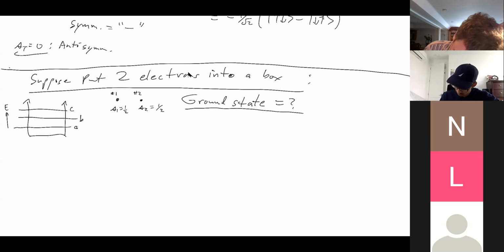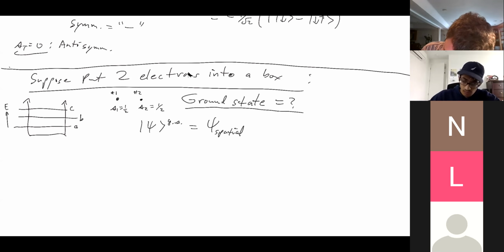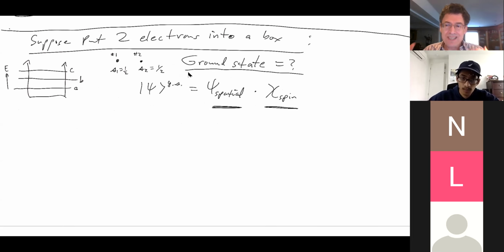And I'll give you a hint. The ground state is equal to a spatial part times a spin part. And that's my hint to you. The ground state means the lowest energy state.